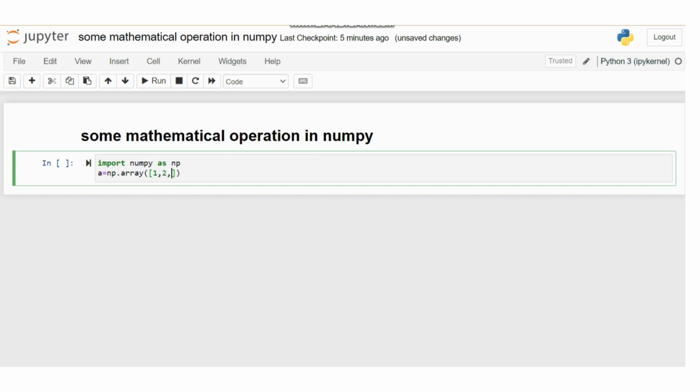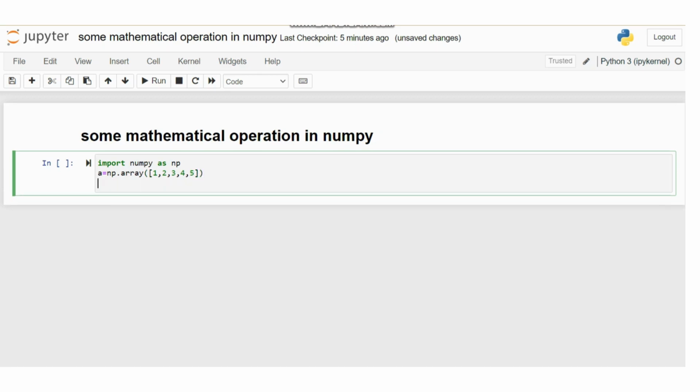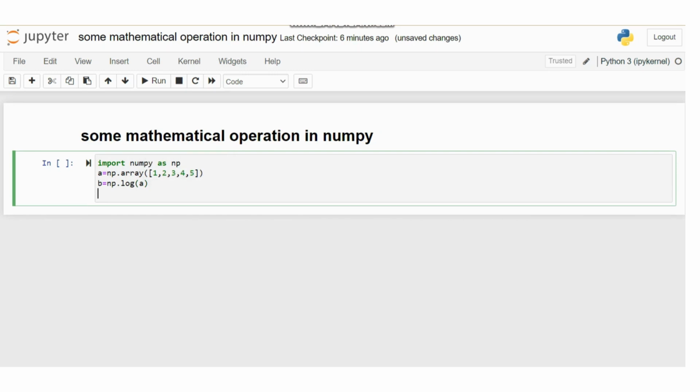Suppose 1, 2, 3, 4, 5. Create a variable b; the np.log function calculates the log value. Print b.